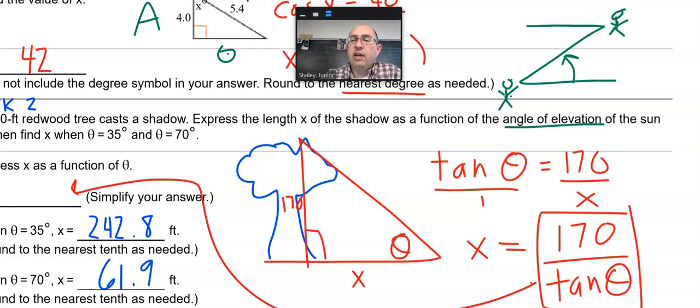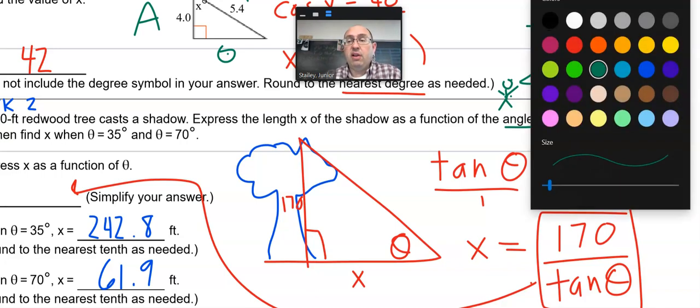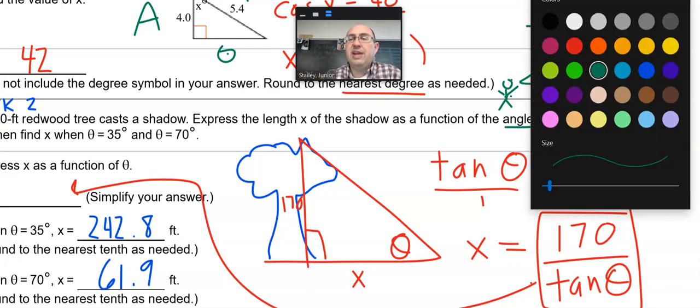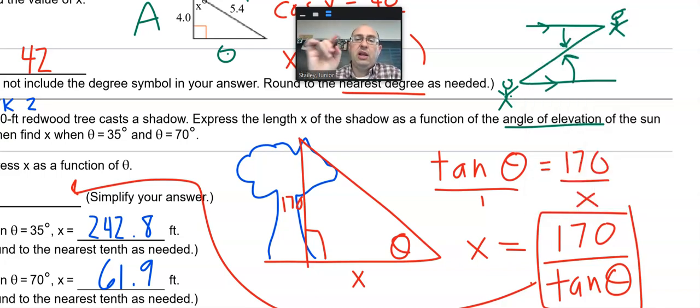But if I'm looking down, I'll have an angle of depression, and that angle of depression happens to equal your angle of elevation because those two lines are parallel lines, right? And we know that a transversal that cuts through parallel lines creates alternate interior angles. You thought you were going to get away from that phrase? No. So, angle of elevation, angle of depression. If we're dealing with the same person, same objects, they are the same.